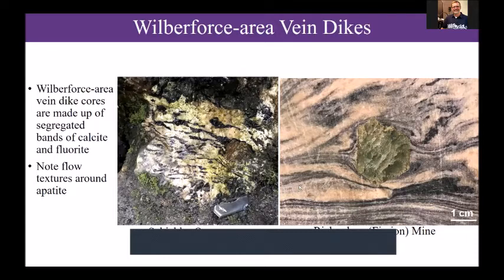So here we have this lighter colored mineralization in the vein dike core is the calcite, with the darker portion, almost black looking, very, very deep purple fluorite. This is very coarsely mineralized at the Schickler occurrence, but if we look at examples from the nearby Richardson or Fission mine, the vein dike core has a more sugary texture in terms of the calcite and fluorite. You can also note flow textures around these apatite crystals in the vein dike cores.